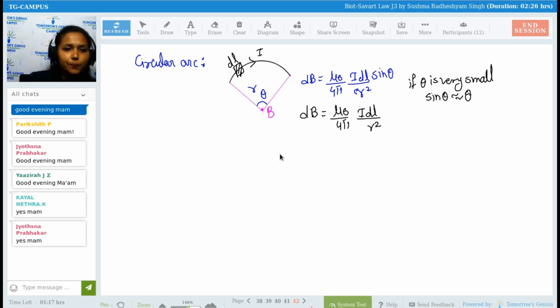This condition is known to you, right? So if this happens, instead of sine theta we put just theta. Now take integration. So we integrate dB is equal to mu naught over 4 pi, I dl over r square, theta.